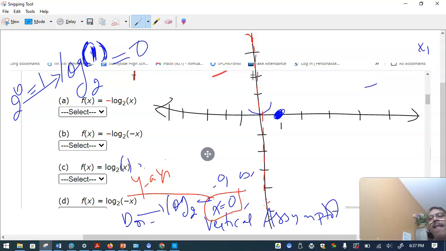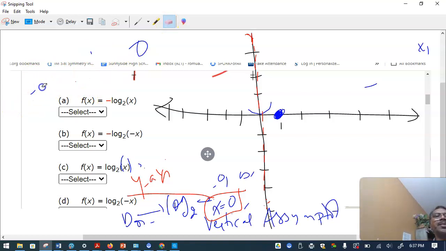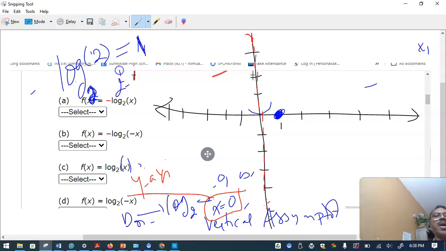That means the graph, remember this part I did. I can take one more point also. What about logarithm to the base 2, and when do you get the answer 1? Remember, the answer will be 1 provided the base is 2 and this also has to be 2, because that's the only way the base 2 raised to 1 is 2. So whenever these two are the same, the answer is 1.